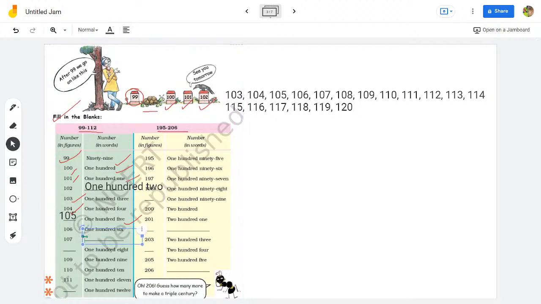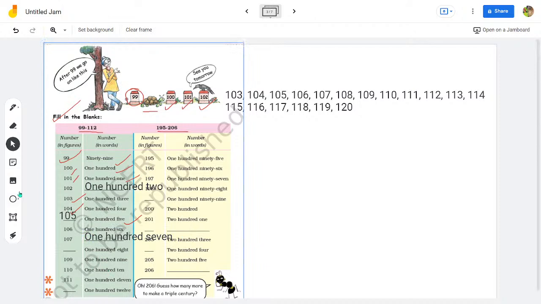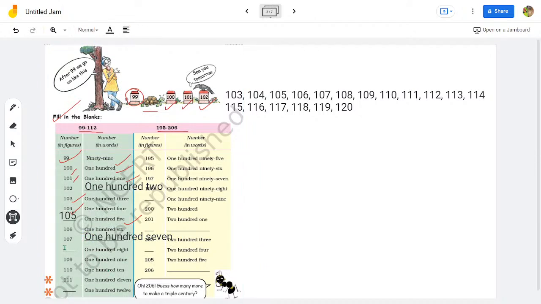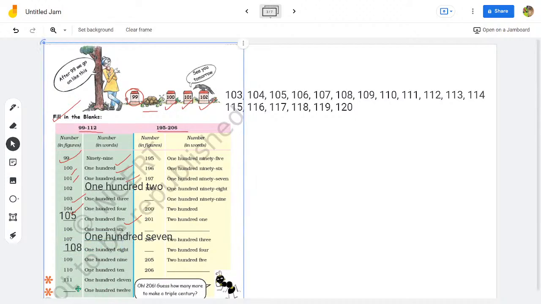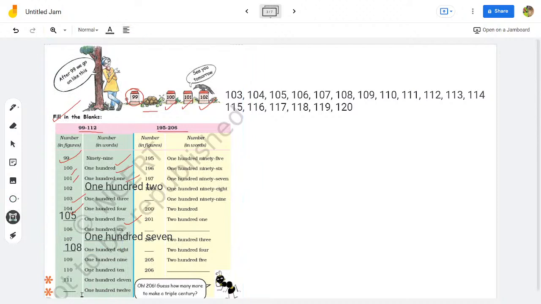So we can write that as 107. Then we have 108. And at last we have 112. So I would write that as 112.